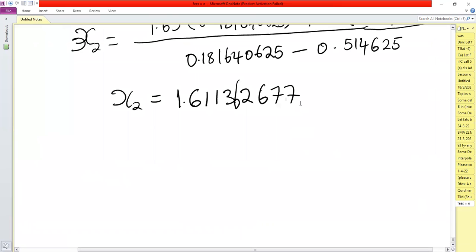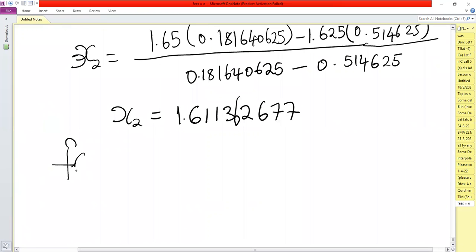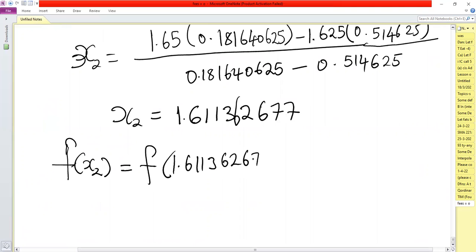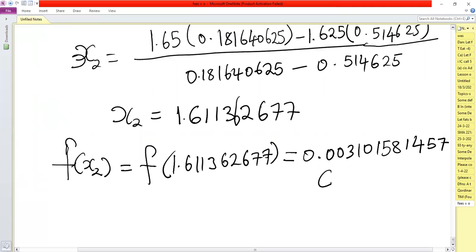So remember, you have to get the value of the function at x2, and when you put 1.611362677 into f of x, you'll get 0.0031015814 57, which is a positive value.